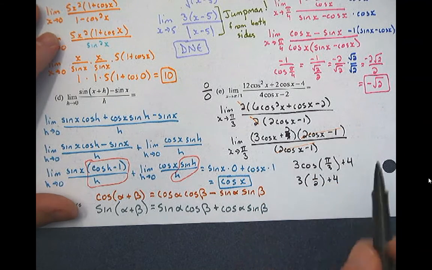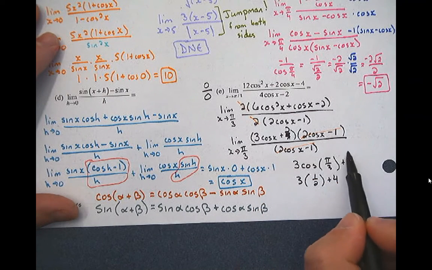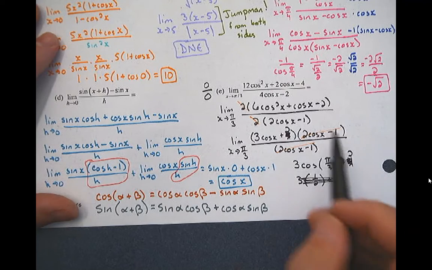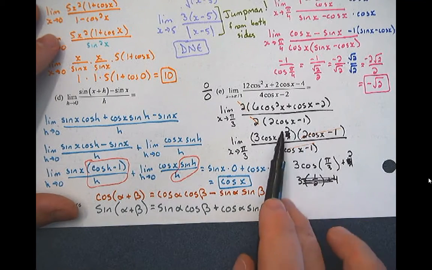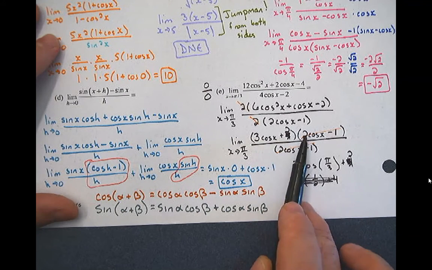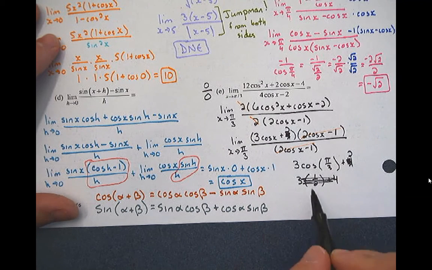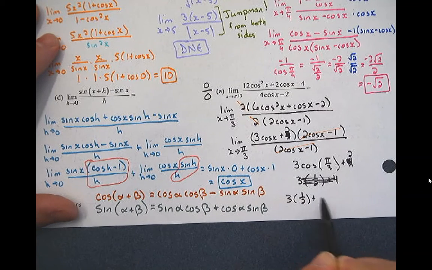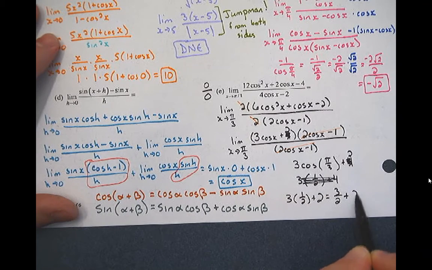My bad. Because, right, 2 times 2 is going to make my 4. I just thought it made the 4 right there. 2 times 2 makes the 4. Take away the 3 is the 1. So then that'd be 3 times 1/2 plus 2. 3/2 plus 2. That ends up being, what, 7/2?